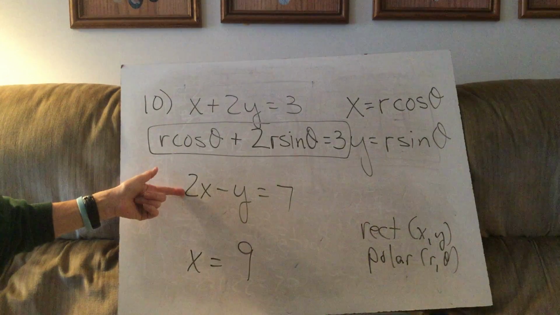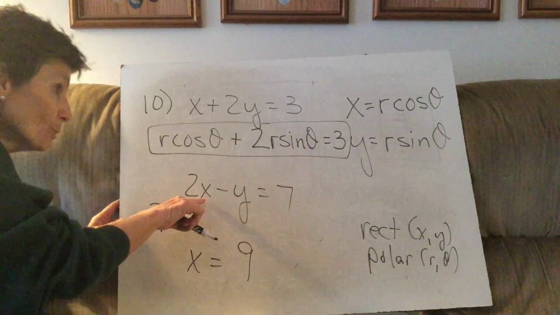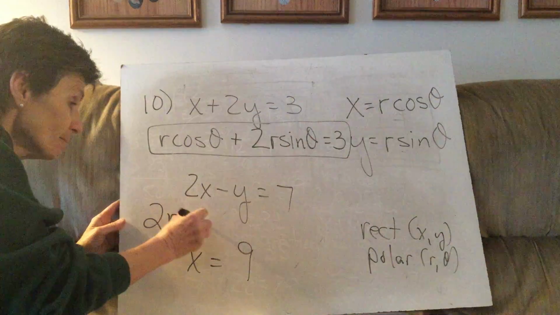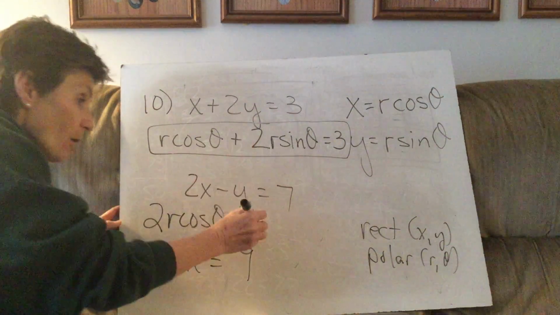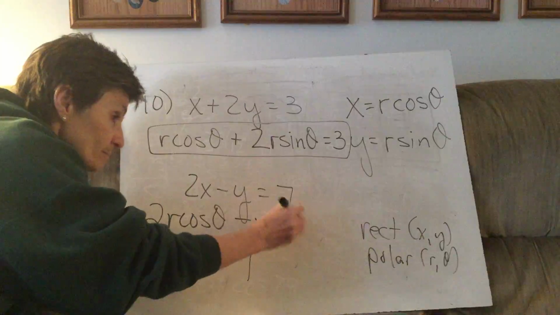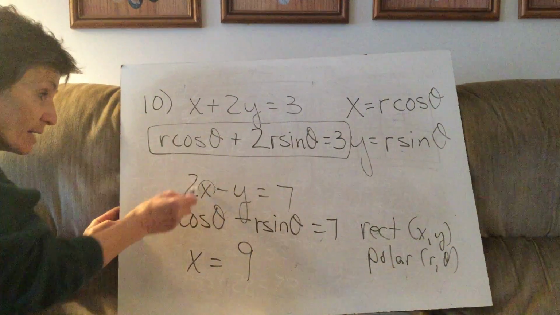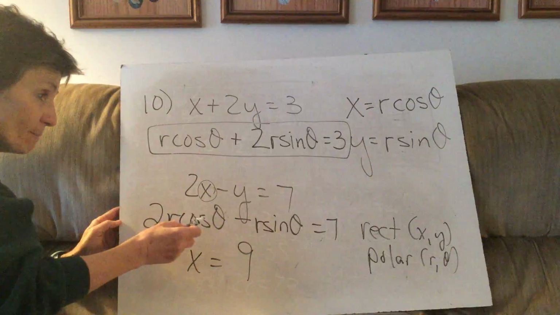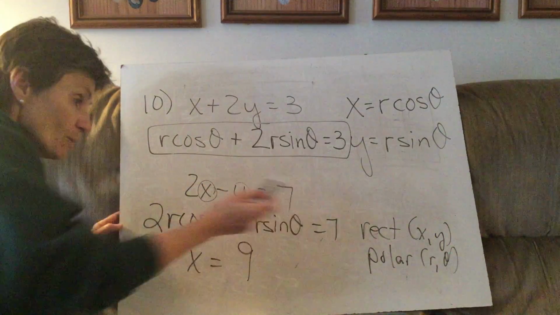Okay, same thing here. This is exactly the same situation. So we're going to have 2 r cosine theta minus r sine theta equals 7. So we take out the x and replace it with r cosine, take out the y and replace it with r sine equals 7.